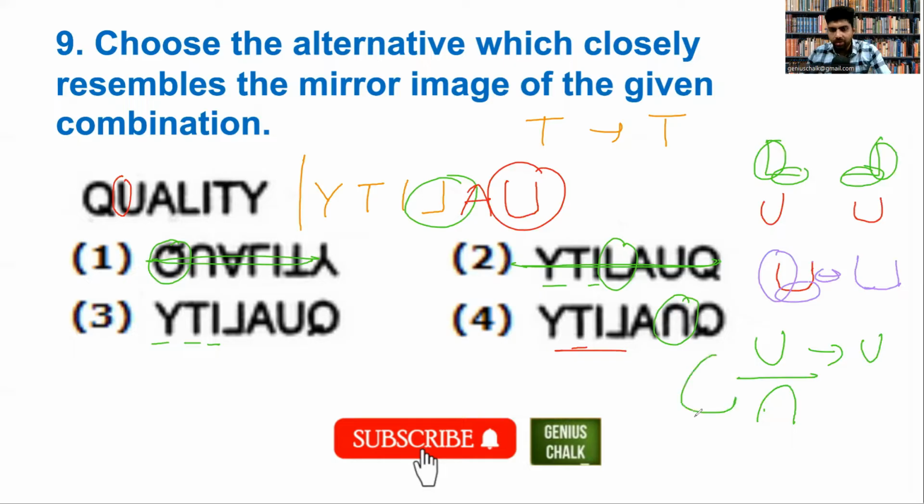So this is not the mirror image, this is the water image, right? So this is the problem. Or if I can also say that if I keep the mirror in this direction, it would be a mirror image as well, but it's not given here. We are assuming that whenever nothing is given, we always assume that the mirror is kept onto the right. Third option. Ninth has to be the third option.